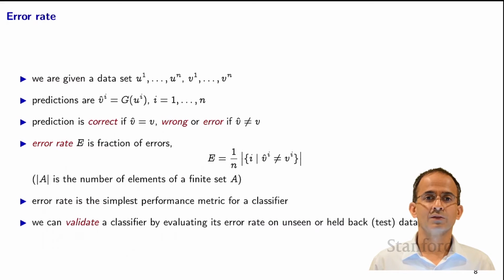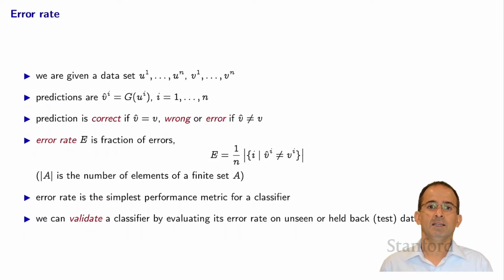For each one we have a UI and a VI pair, where UI lies in script U, and VI is the target variable, tells us which class UI belongs to. And then the predictions are given by V hat I, which is G of UI. A prediction is correct if V hat is V, and it's wrong, or it's an error, if V hat is not V.